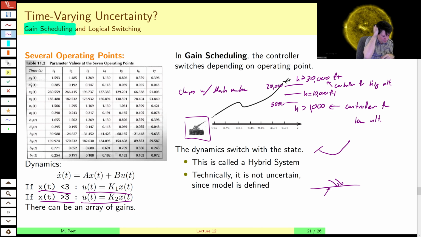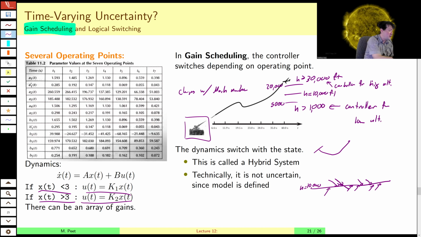So airplanes tend to go down before they go up, and you can get this situation where when you switch, you suddenly are pushing in the opposite direction, which pushes you below the switching altitude again. And then, of course, once you get below, it switches the controller again, which may push you back up to that altitude, and so you can get these so-called Zeno dynamics. We may get to that very late in this course, but we're not getting to it now. So you can get weird things happening if you don't account for these switches.